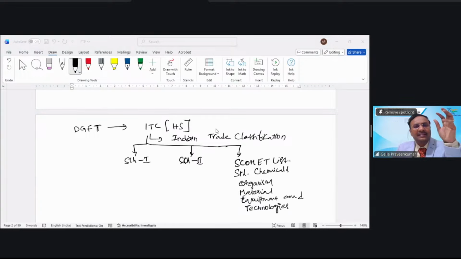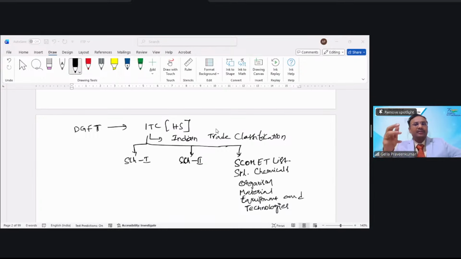There are many instances where they try to formulate a regulation: I don't want to allow import of this particular technology from this particular nation. When you talk about technology, design, drawing, you have Iraq and Iran. Most of your engineering uses CAD CAM software, which is three-dimensional engineering software.